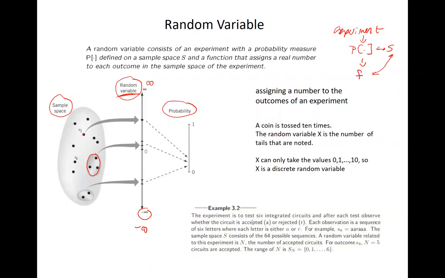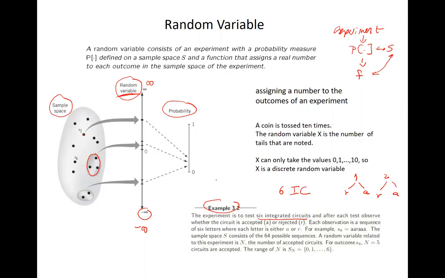Here's an example. You see here, we got 6 ICs, and we test these ICs, whether they are accepted or rejected. So we take one IC and test it, rejected or accepted. Take the next one, rejected or accepted. Each observation here is a sequence of 6 letters.